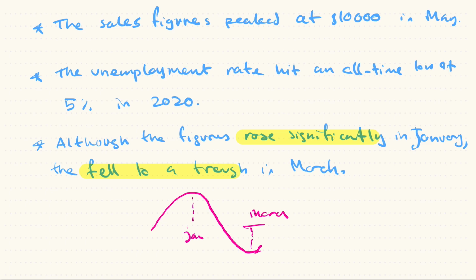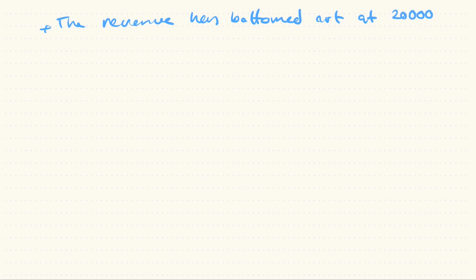What would be another example? For example, you can say the revenue has bottomed out at, let's give it $20,000. We are feeling super generous today. Per month, why not? So this is the bad case scenario that the revenue dropped to $20,000 per month.